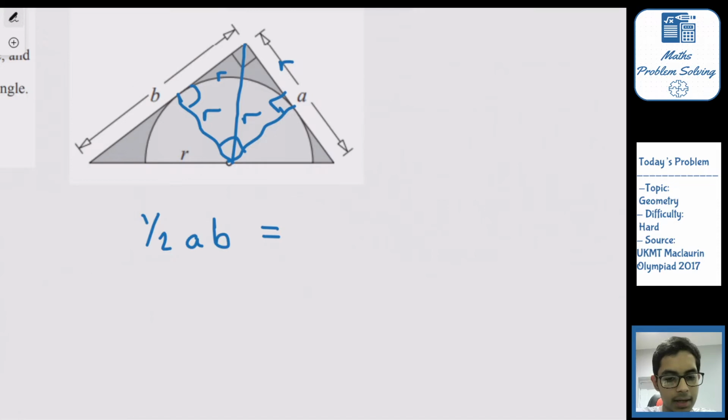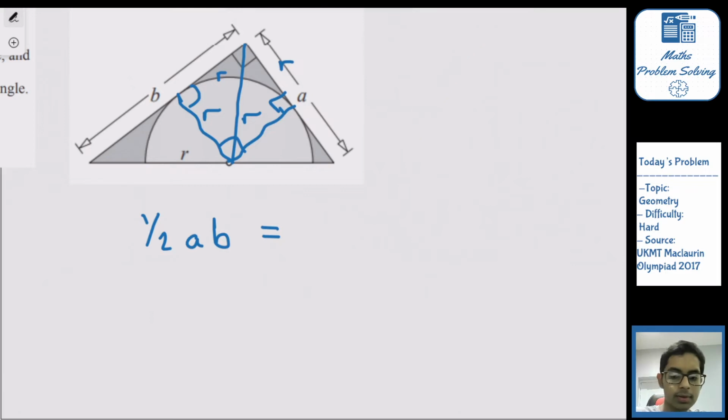Basically the area of this smaller left triangle equals, I'm just trying to find out how to express this best. So, okay, let's draw this left one over here.